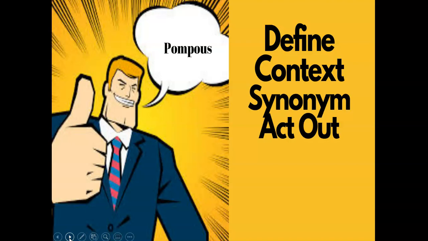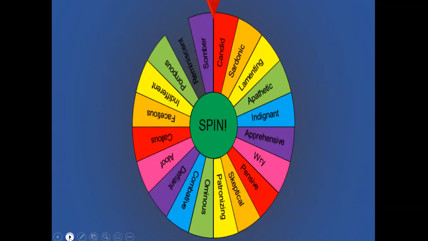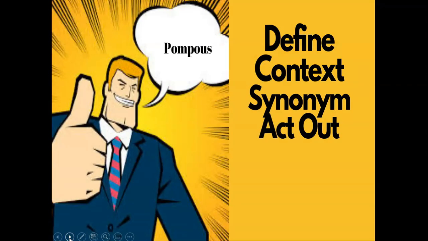And ultimately, the team who has the most points in the Yahtzee turn goes first, and they will have a chance to define it, provide a sentence or two where they use the word in context, provide synonyms of the word, and you can even go opposites if you want.